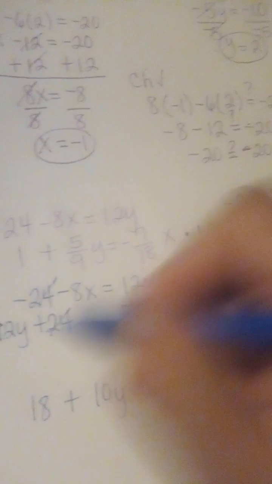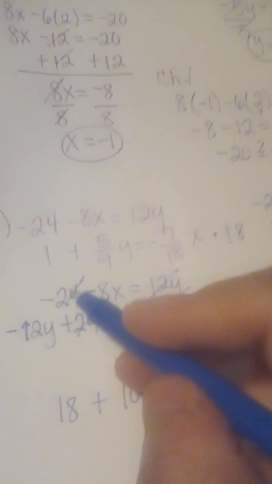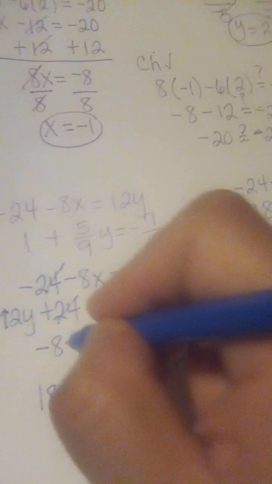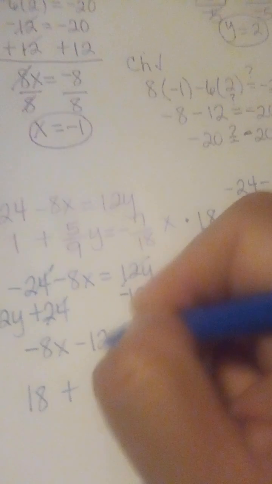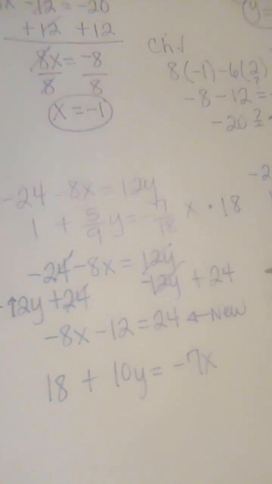This will become completely canceled actually. And then you'll rearrange it. The x goes first, negative 8x minus 12y equals 24. That's our new one. So far, you see how I got that?